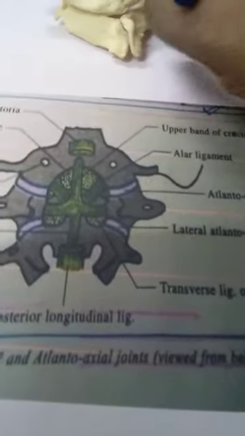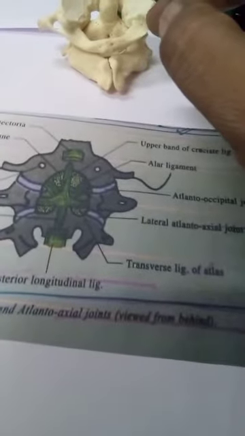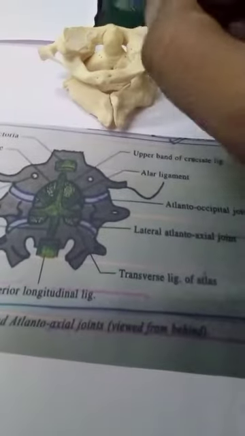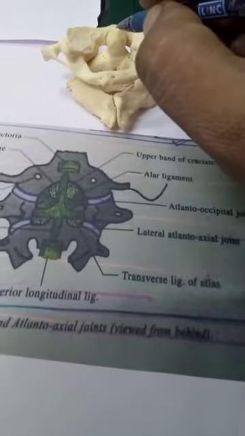Now, let us talk about atlanto-axial joint. The atlanto-axial joints are three separate synovial joints. One median and two lateral.